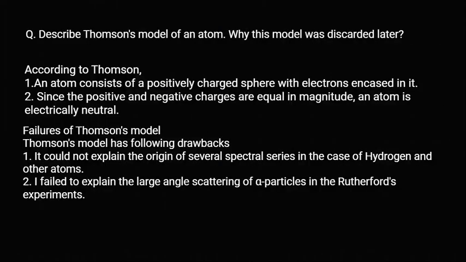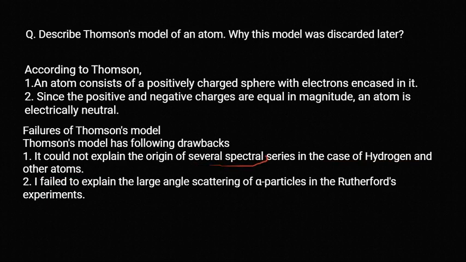Using Thomson's model, they could explain various phenomena like disintegration and various kinds of chemical reactions. But this model was not correct. There were some failures of Thomson's model. And what were those failures? It could not explain the origin of several spectral lines in the case of hydrogen and other atoms.